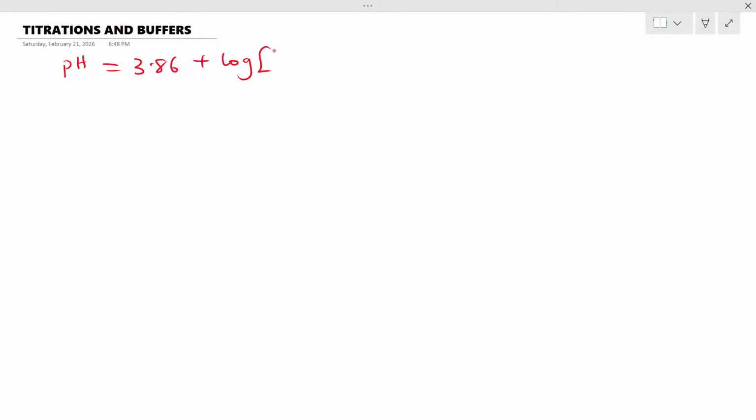Of course, we will remove the concentration sign now, because we'll be writing all of it out. So we have log of 0.05 moles per 1.0 liter over 0.03 moles per 1.0 liter.